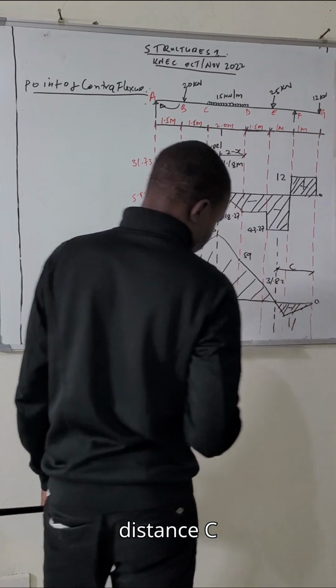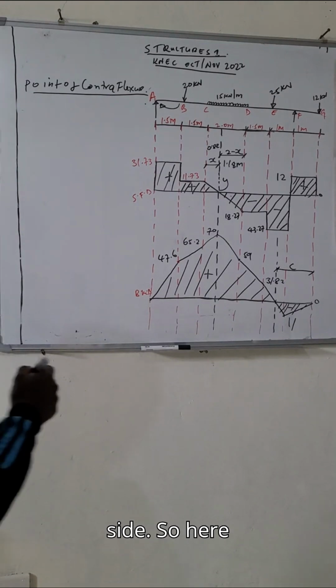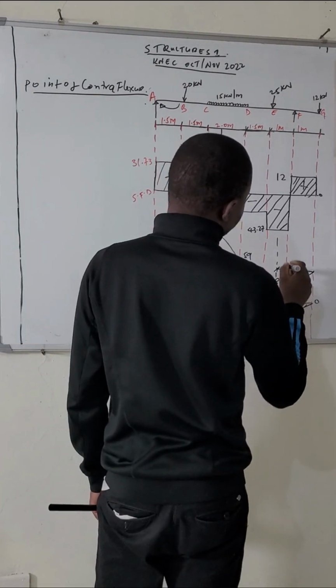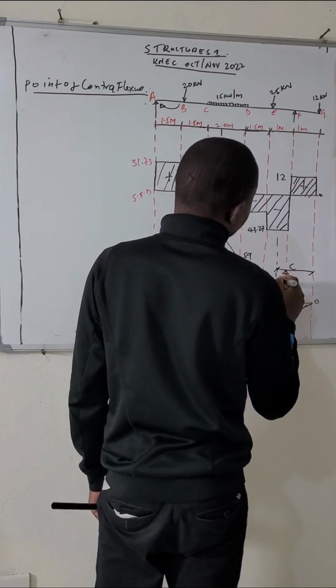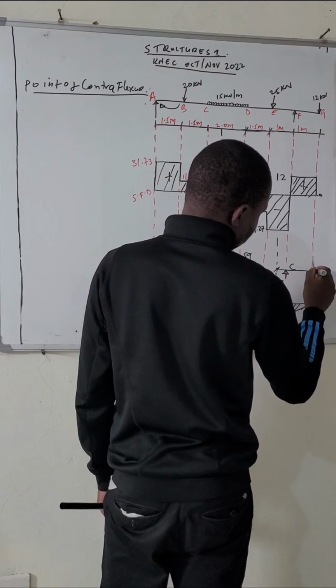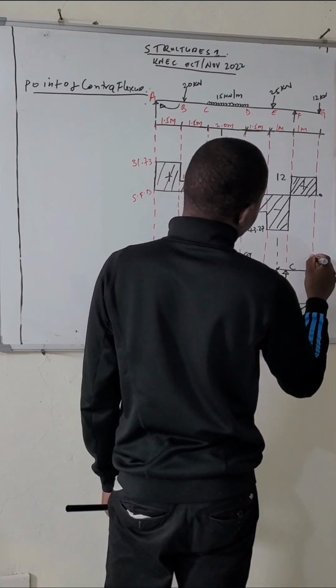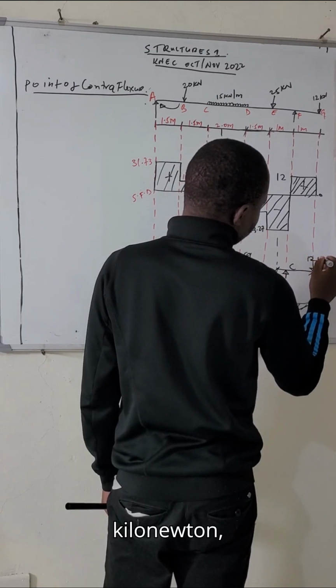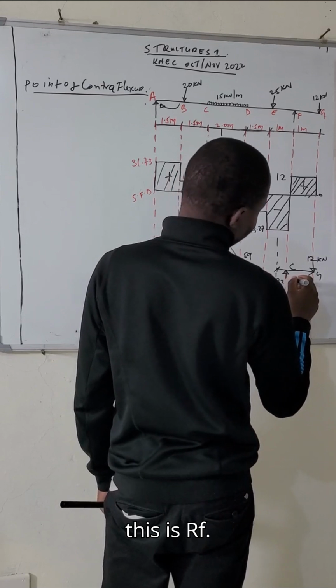Let's give it distance C from the right hand side. So here we have a reaction, and then here we have the load in kilonewton, that is G, and this is RF.